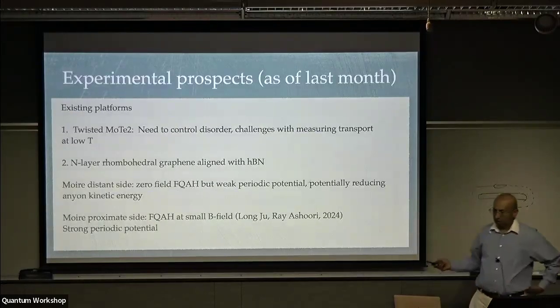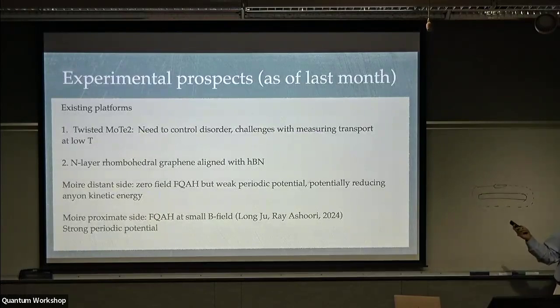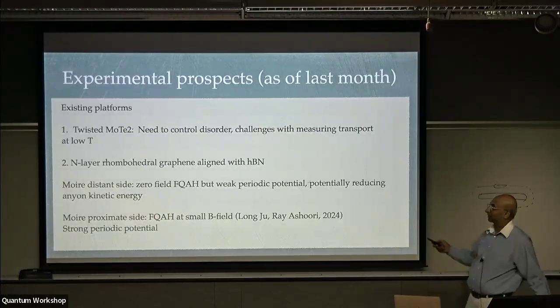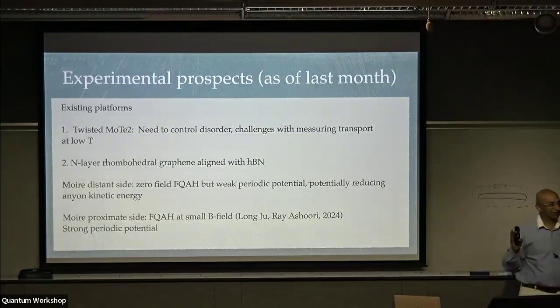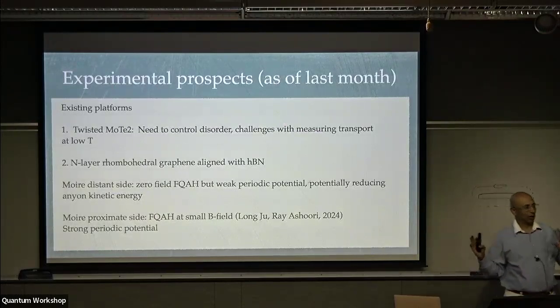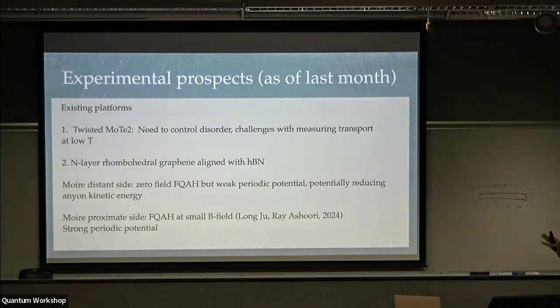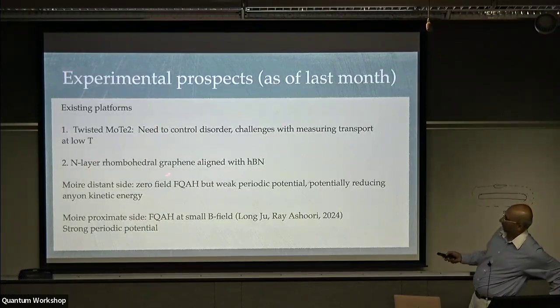Okay, so I made this slide more than a month back, so I'll start with this slide. What are the experimental prospects for any of this physics? As of last month, this is what I had said: the existing platforms are twisted MoTe2 and N-layer rhombohedral graphene.